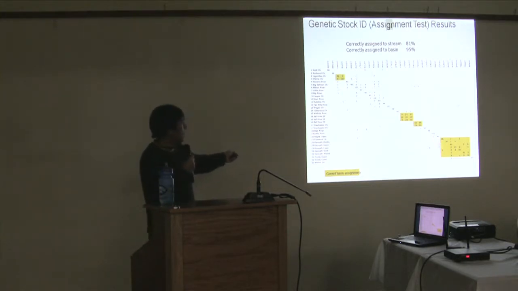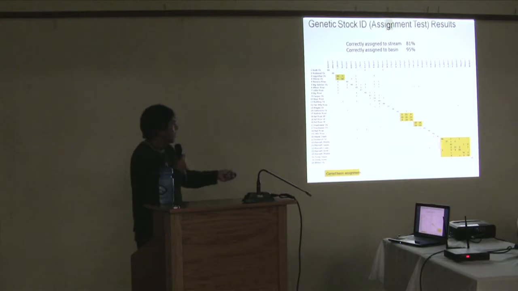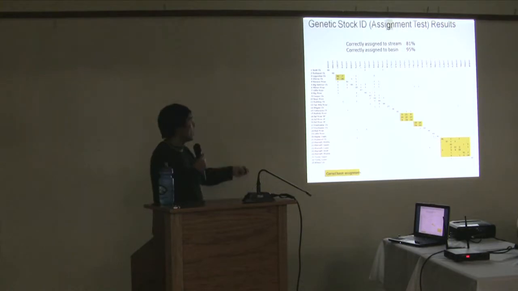What I want to point out here is that there's quite a bit of structure by basin in California. But when you look within basins, there's actually quite a bit of cross-assignment between different sub-basins or tributaries and local populations, indicating that there's a fair amount of gene flow between them.